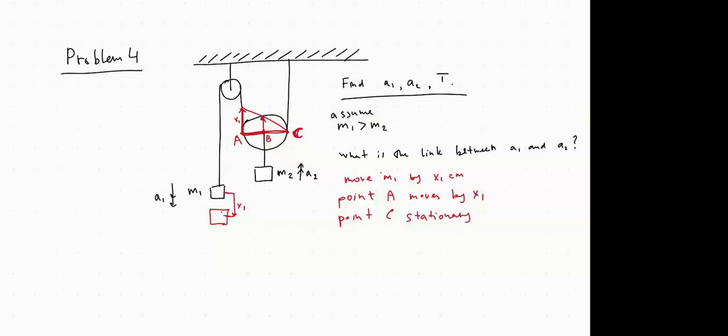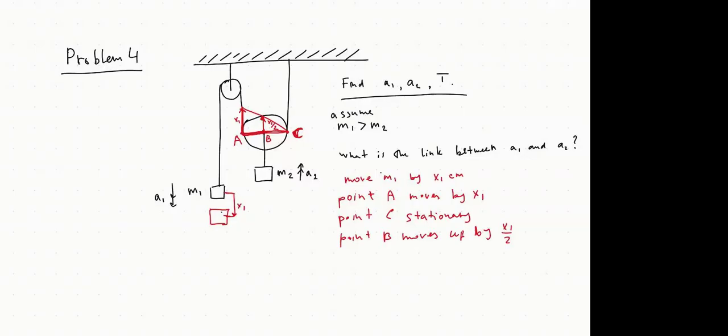And point B moves up by x1 over 2. Exactly. So mass m2 moves half the distance m1 moves.